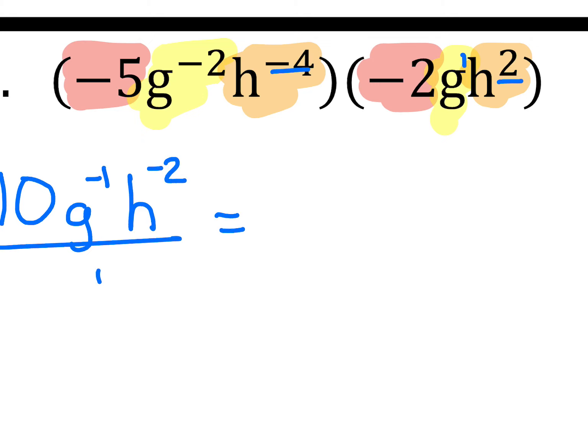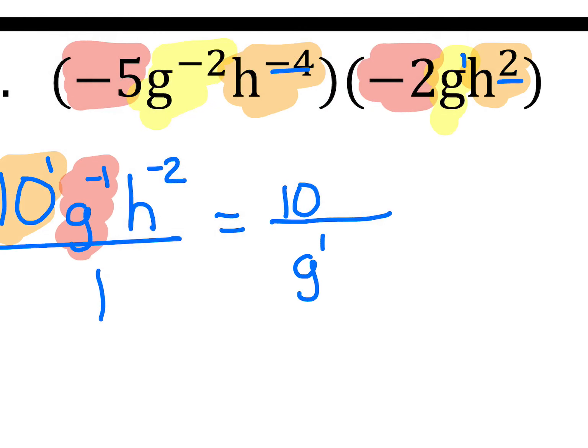Then we're going to say, all right, everything's over 1. 10 has an invisible exponent of 1. Is the 10 staying or going? 10 has a positive exponent, so it stays. G to the negative first has a negative exponent, so it's going to the bottom. And last but not least, h to the negative second has a negative exponent, so it's going to the bottom.